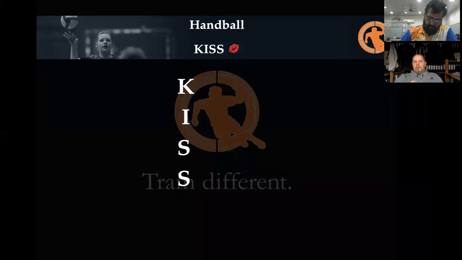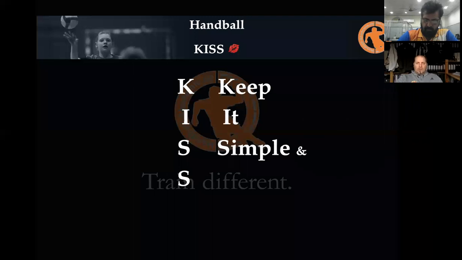And they have a special meaning, which from my point of view is a really good philosophy we can transfer to handball too, because the 4 letters stand for keep it simple and smart. This is what we want to have in our handball philosophy.